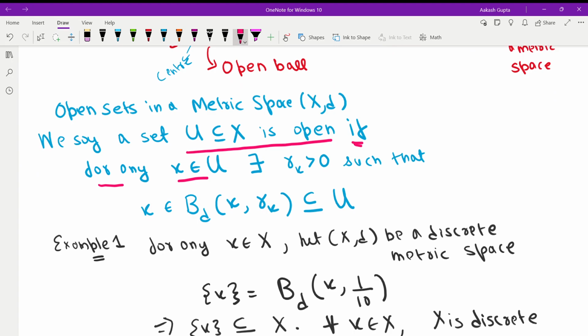You might have seen these kinds of arguments in your school days in 12th class, in transitive relations. For example, take a set A to be {1, 2, 3} and the relation {(1,1), (2,2), (3,3)}.